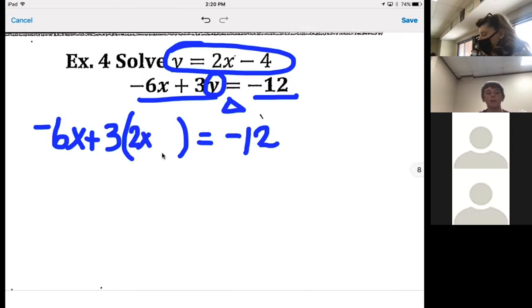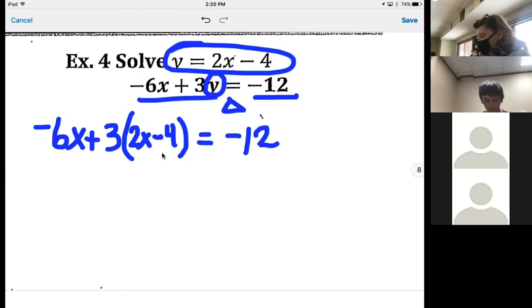Now, you guys, I know all of my examples are where we're replacing the y's, but sometimes the x is being replaced. Don't let that throw you, because either way, you're trying to replace one or the other just so you have an equation that has just one of those variables in it. Okay, so you can replace the x's.